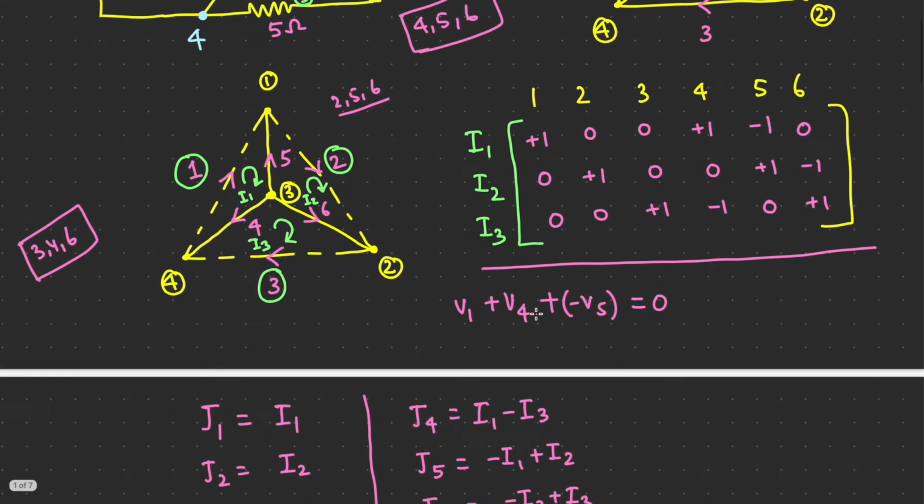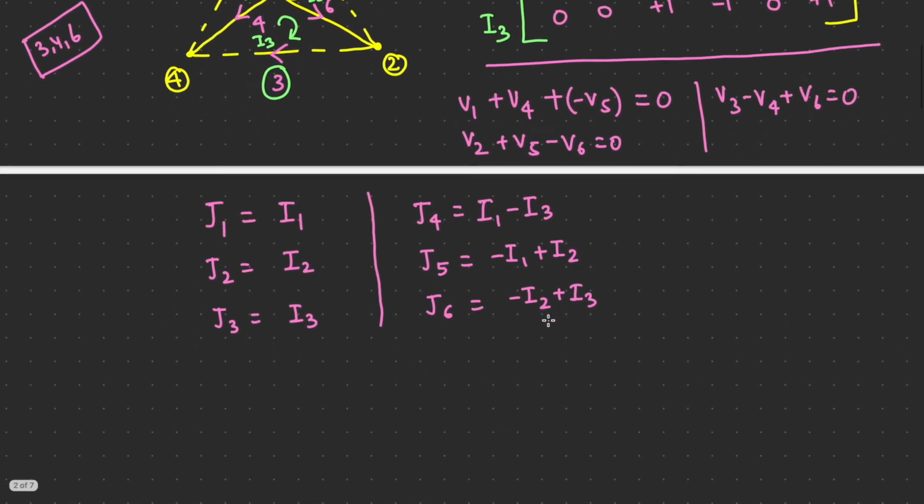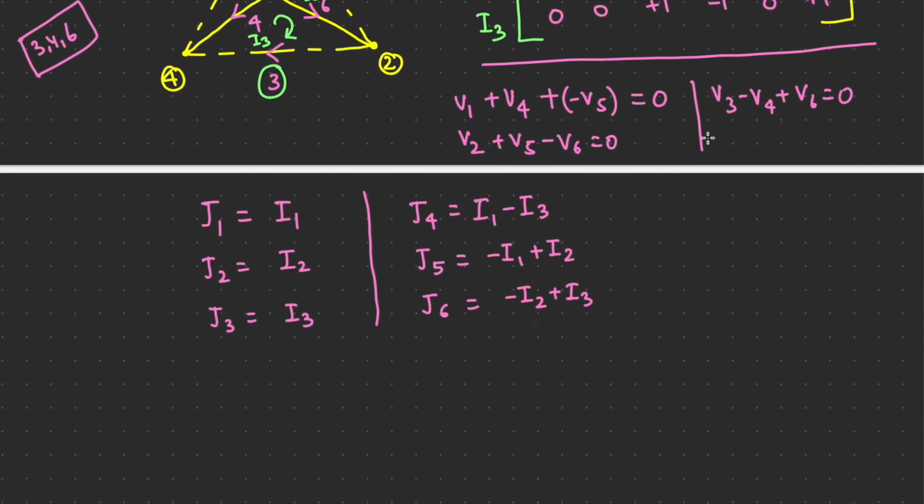Then the second row gives V2 plus V5 minus V6 equal to 0. Similarly, the third row gives V3 minus V4 plus V6 equal to 0.